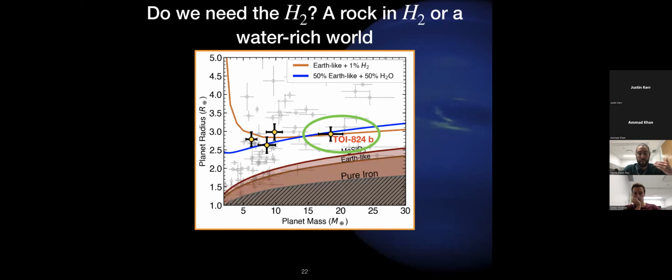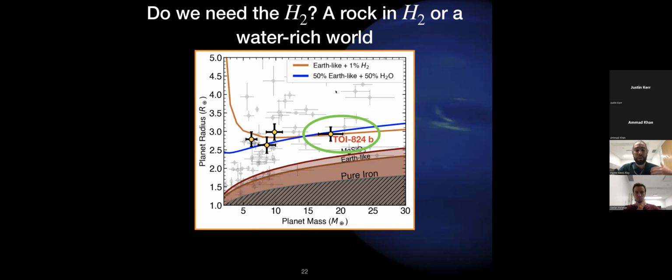And we can first approach this question on the mass radius diagram and compare it to theoretical composition curves. So we see that our TOI 824b data point is consistent with either an Earth-like core with a 1% by mass hydrogen envelope, or with a 50-50 Earth-like core with a water envelope.